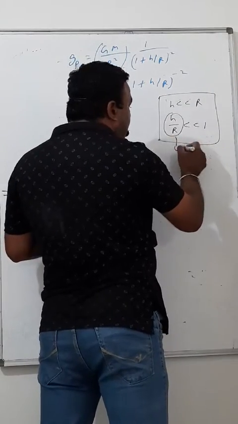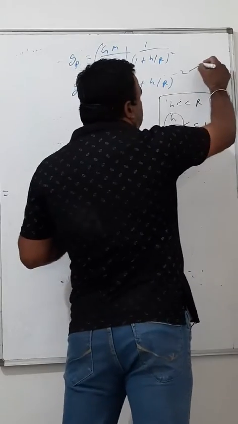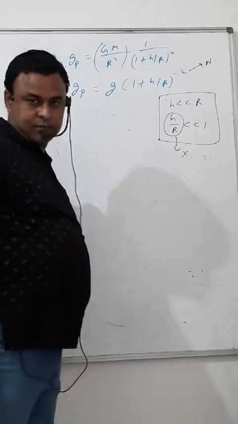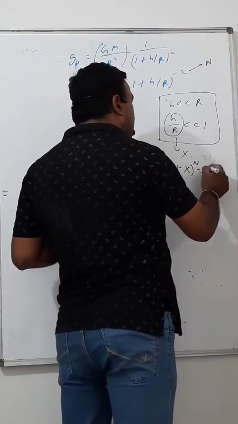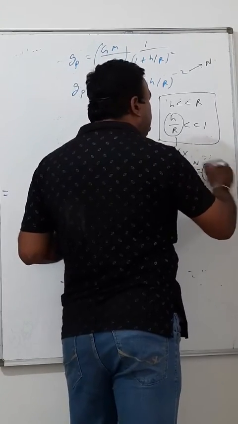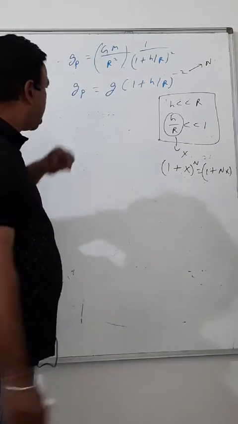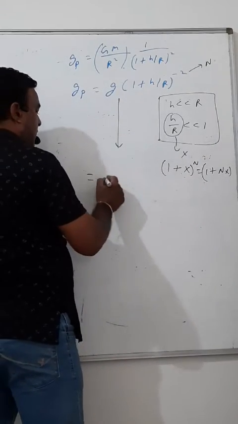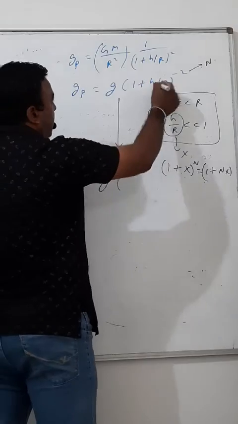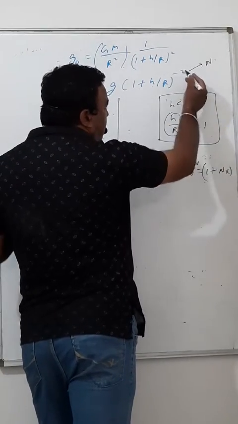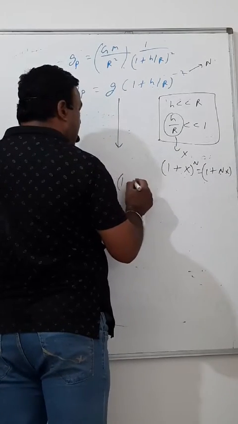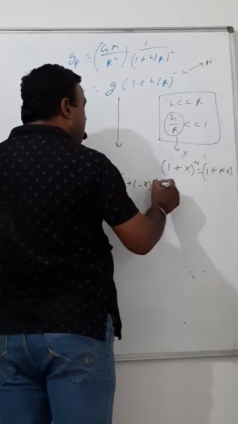This becomes our x. This becomes our n. I hope now you remember (1 + x)^n can be written as 1 + nx. Here it is g, x is h by R, and n is minus 2.